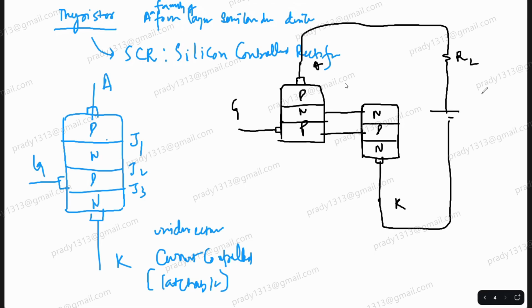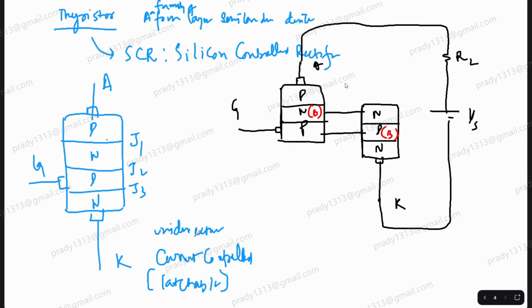Now it's your job to tell me, in this PNP transistor, which is the emitter, which is the base, and which is the collector. Base is the gate, sir. Base is not the gate. This is the base, no doubt about it. The middle region is always the base. Just tell me which is the emitter and which is the collector here.